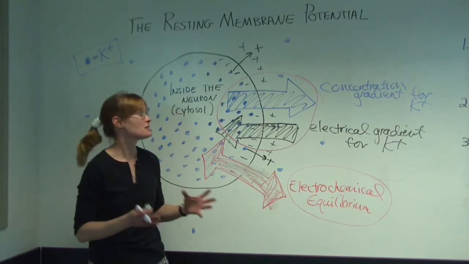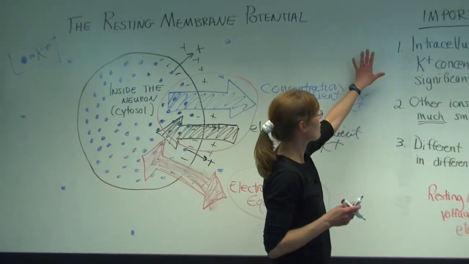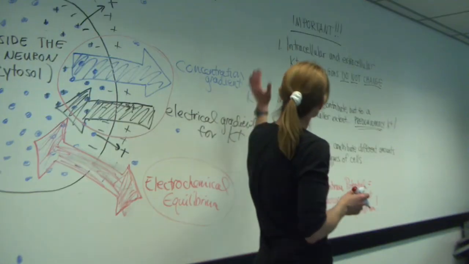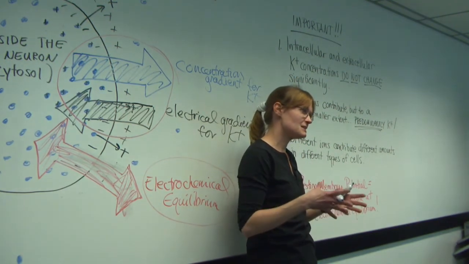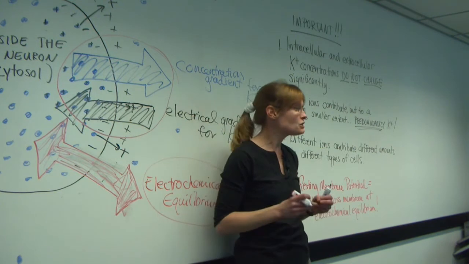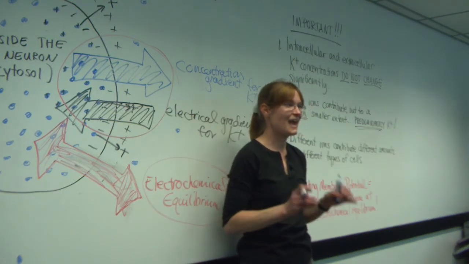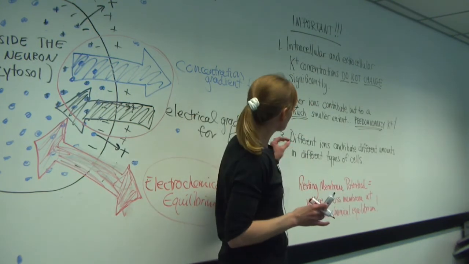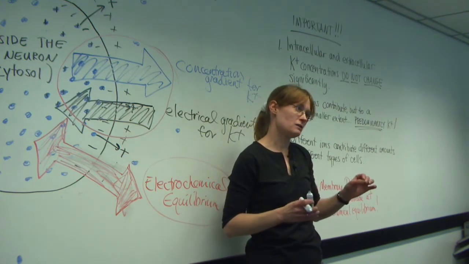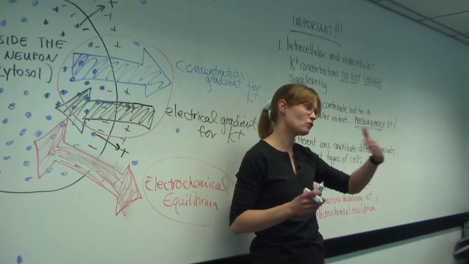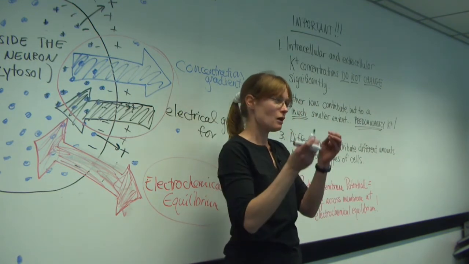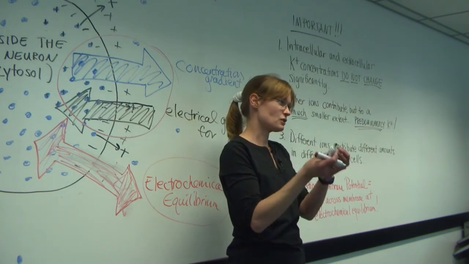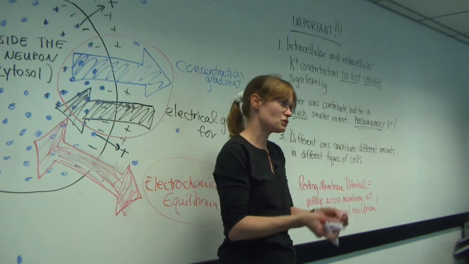Okay, and there are a couple things now that are really important to point out with all of this. And one is during this process, the concentrations of potassium inside and outside of the cell really don't change significantly at all. It takes very, very few ions moving out across the membrane to change that electrical gradient enough to hit electrochemical equilibrium and to create the potential.